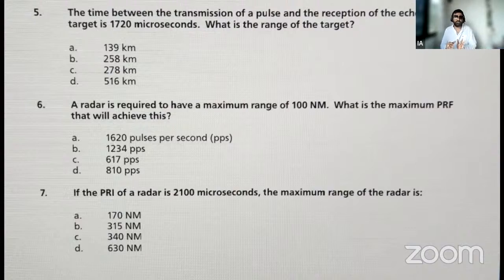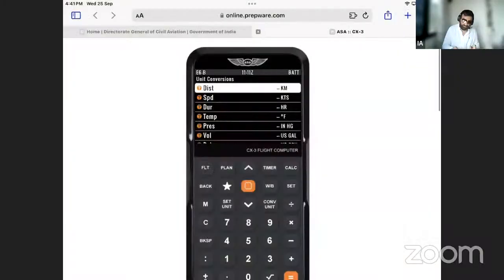We need to find it in meters or kilometers, so we convert nautical miles into kilometers and then meters, or directly meters. For that, I need my CX3. I change the unit converter to nautical miles, press 0 and write 100 nautical miles. Then I press unit converter to change it to kilometers or meters. So I'm getting 185,200 meters.